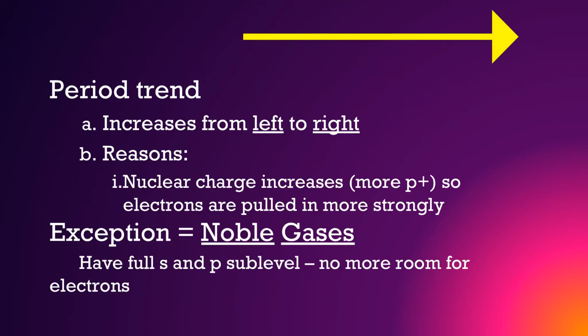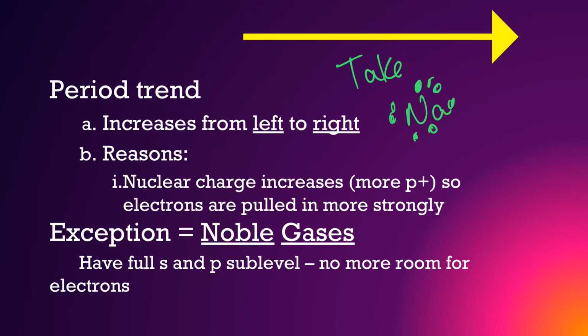Also, if you remember, electronegativity is the ability to take an electron. Well, sodium has 1 valence electron. It would take a whole lot of energy for sodium to get 1, 2, 3, 4, 5, 6, 7 more valence electrons to fulfill its octet rule.